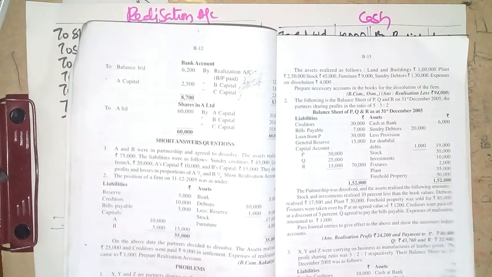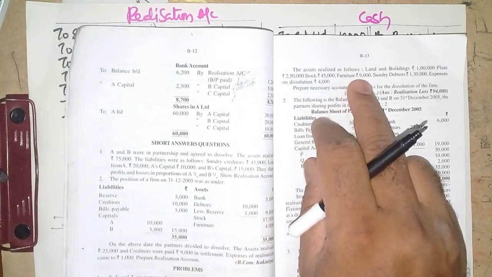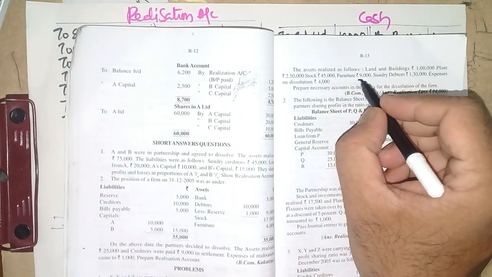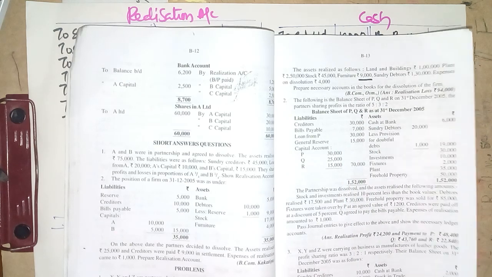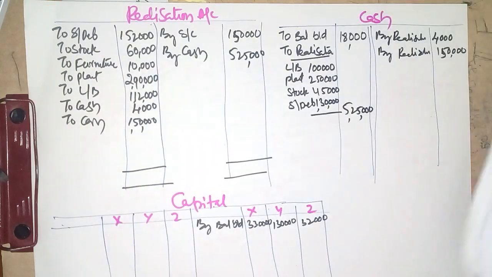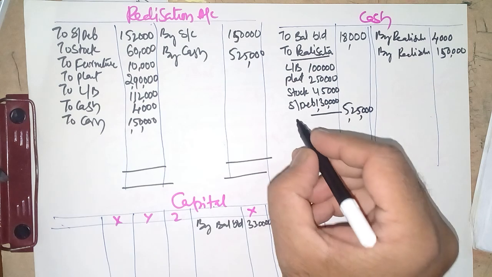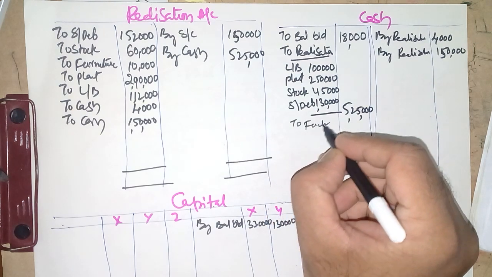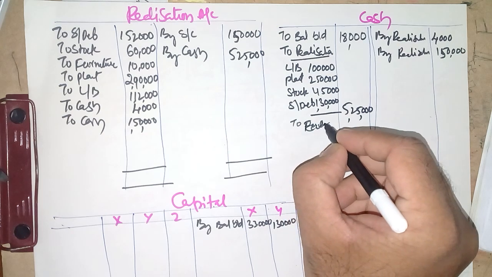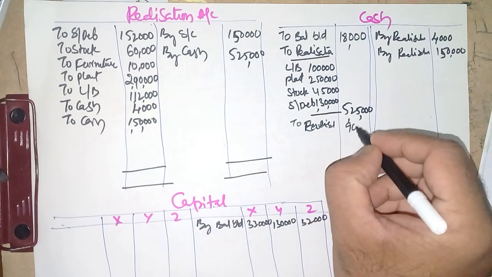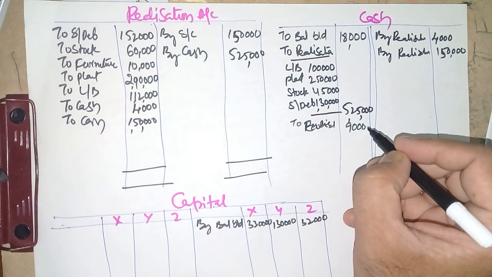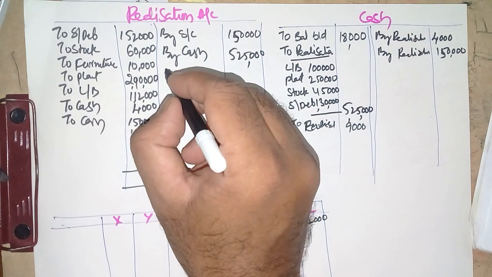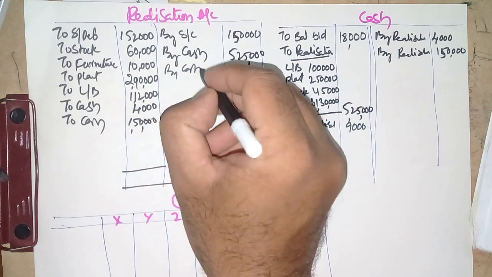Here we made a slight mistake. We did not consider this furniture, forgot to take this 9,000. Now we need to consider. So it is realized value. So in cash account we write to realization 9,000 value. Then in realization account we write by cash 9,000.